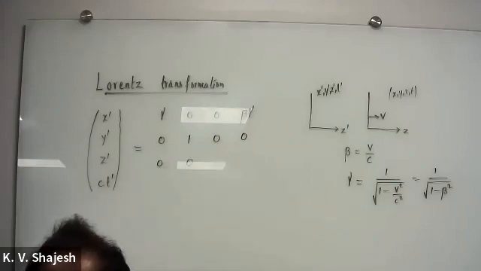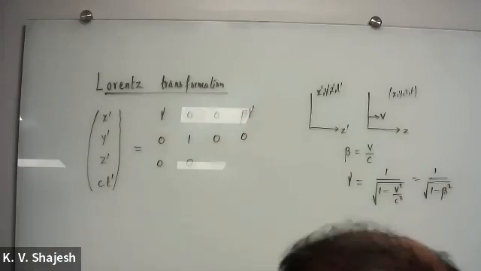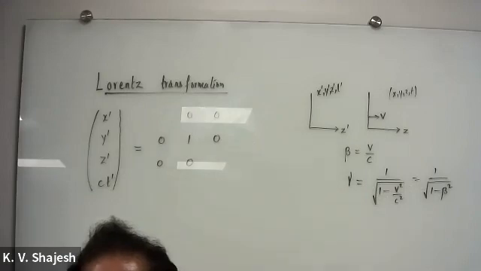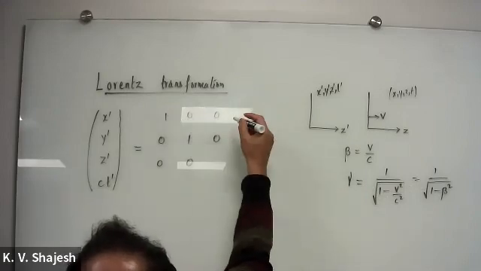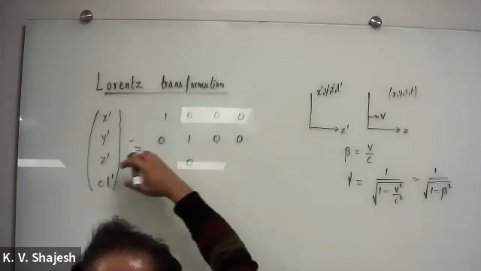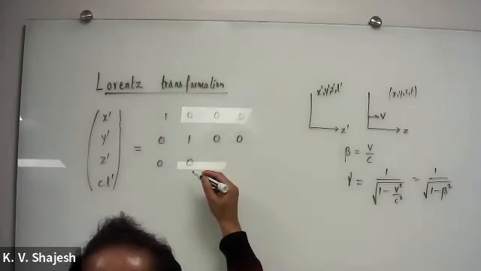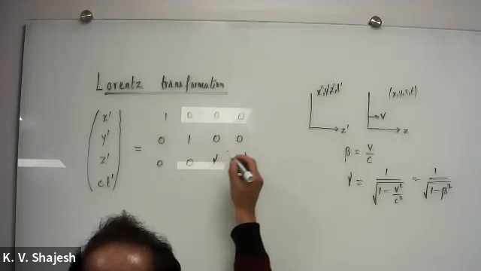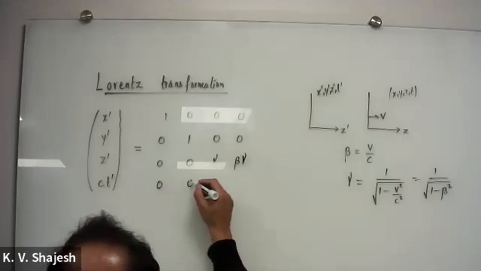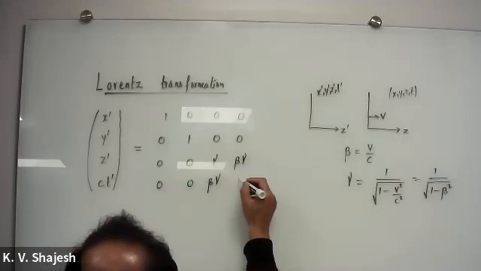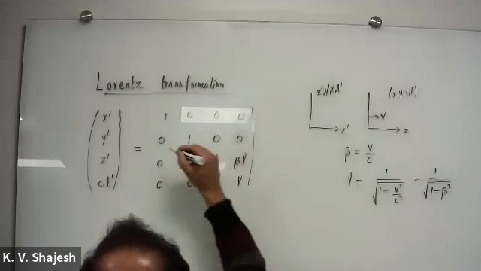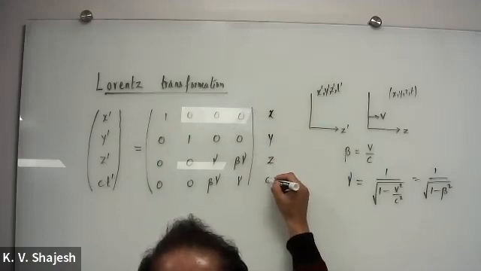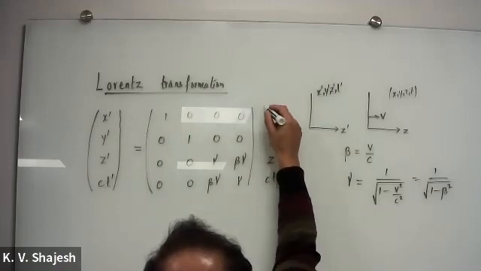Oh no, what did I do? It's not right, because my z is somewhere here. So all this has to be 1. That's 1, 0, 0, that's 0, 0. So x prime and y prime don't get affected. So this is gamma, beta gamma, 0, 0, beta gamma, and that multiplies x, y, z, c t.